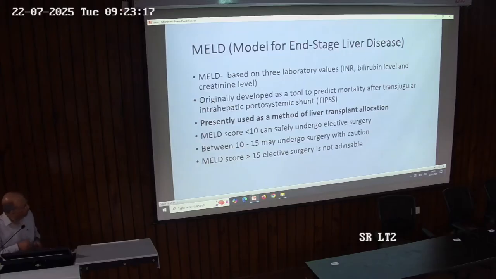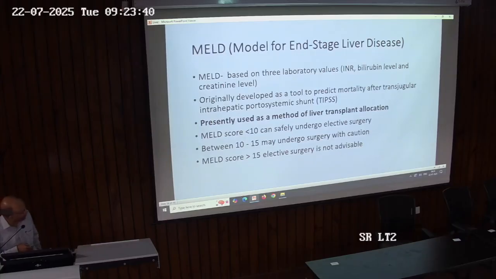It is now used for deciding when to allocate a donor organ, the liver. Let us say a liver is available. Now the allocation to a potential recipient is based on the MELD score.